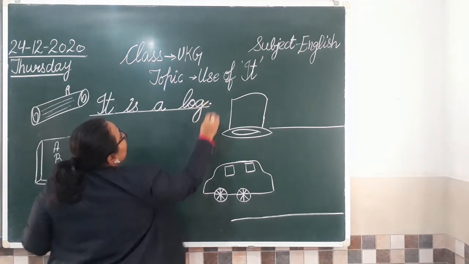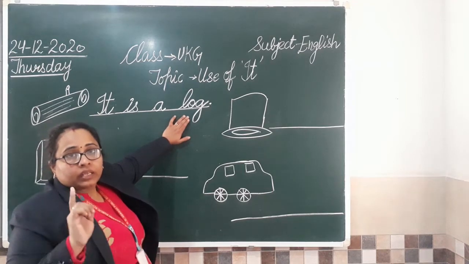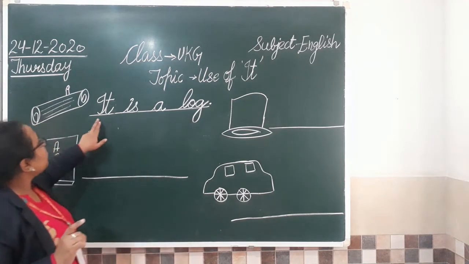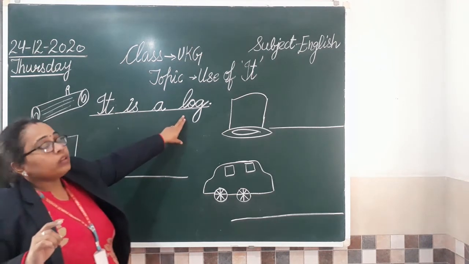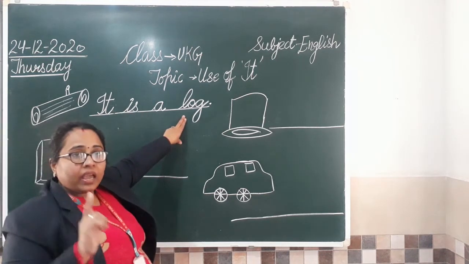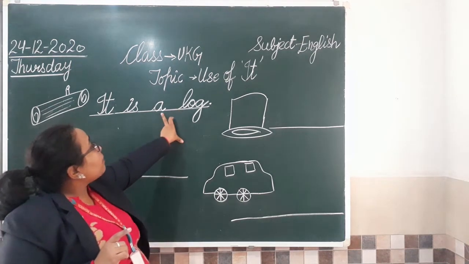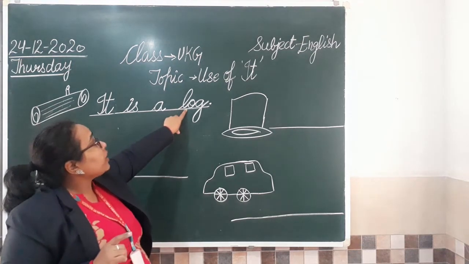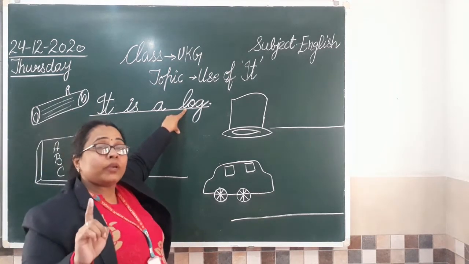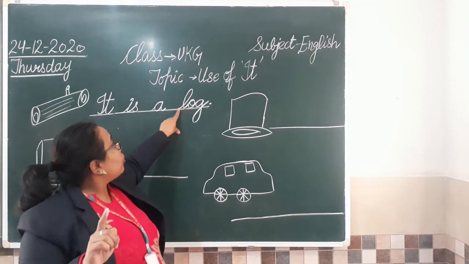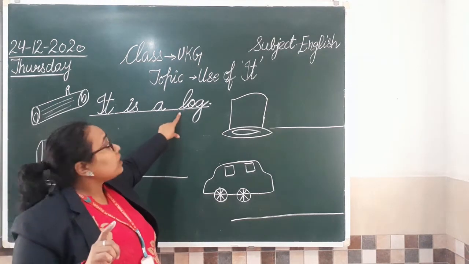So how you are going to write? It is a log. Clear? See once again. It is a log. एक है a. Clear? और वह हमने a क्यों लगाया है? क्योंकि यहाँ पे कॉन्सोनेंट है, वोवल नहीं है. a और an का भी यूज पता लग गया अब आपको? क्योंकि यहाँ पे कॉन्सोनेंट है तो हम a लगाएंगे. It is a log.